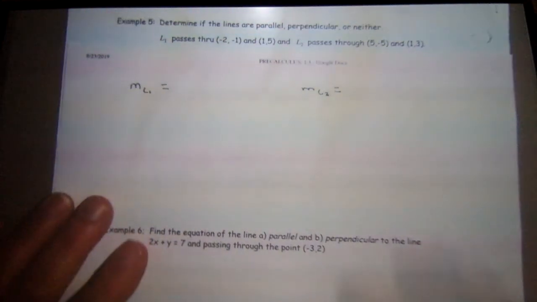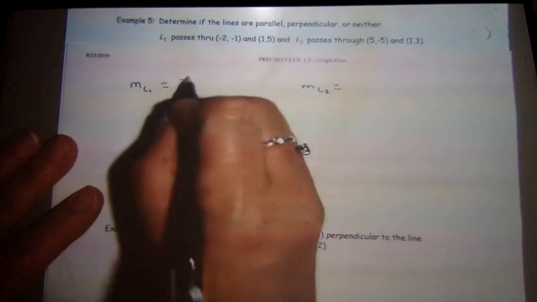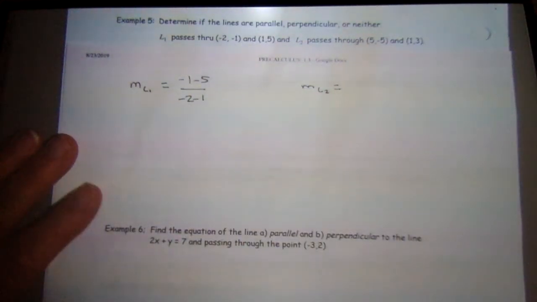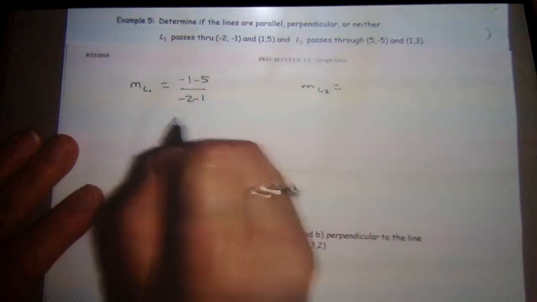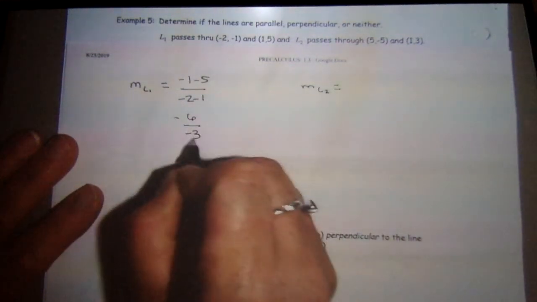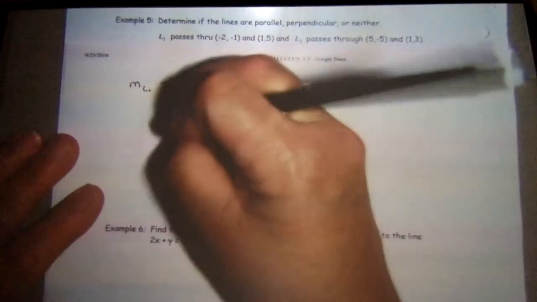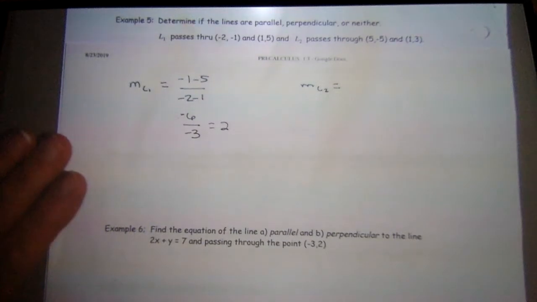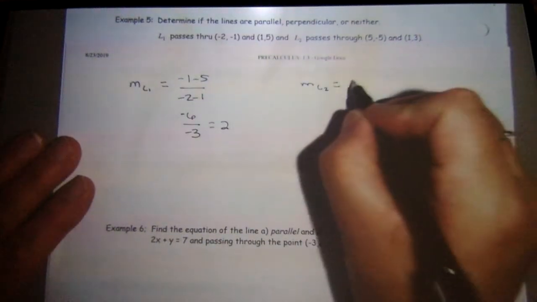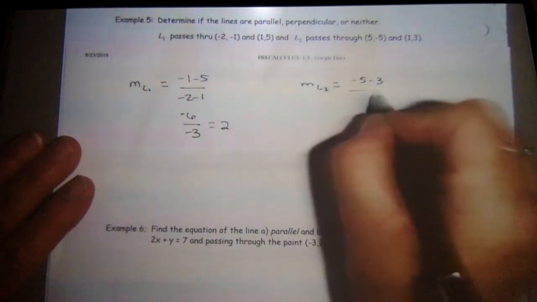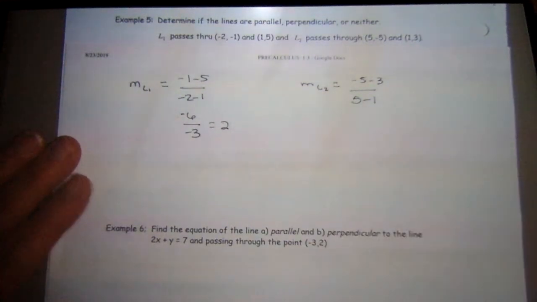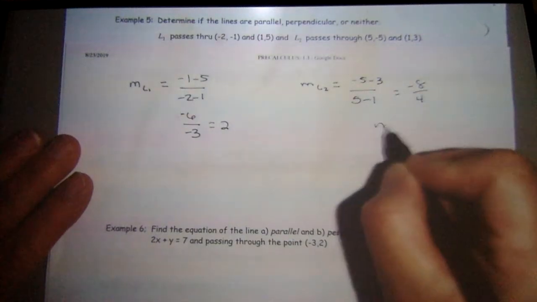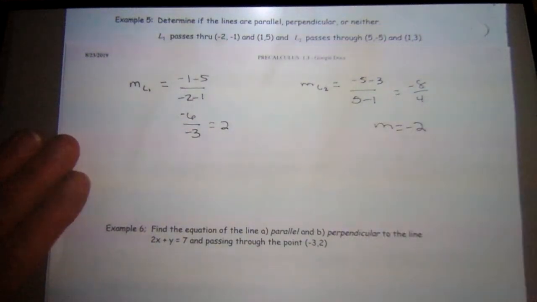The slope of line 1: -1 minus 5 over -2 minus 1, which is -6 over -3, which is 2. Yep. Line 2: -5 minus 3 over 5 minus 1, which is -8 over 4, which gives us a slope of -2.